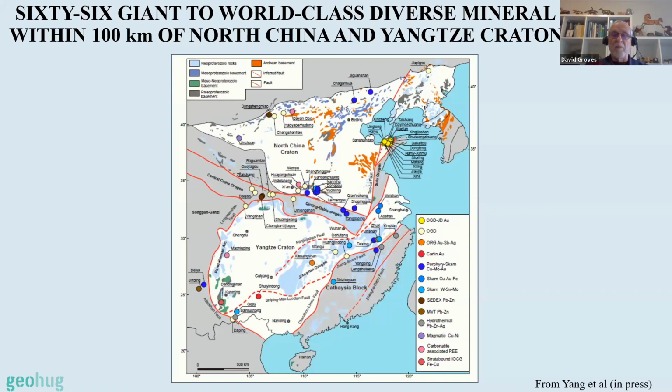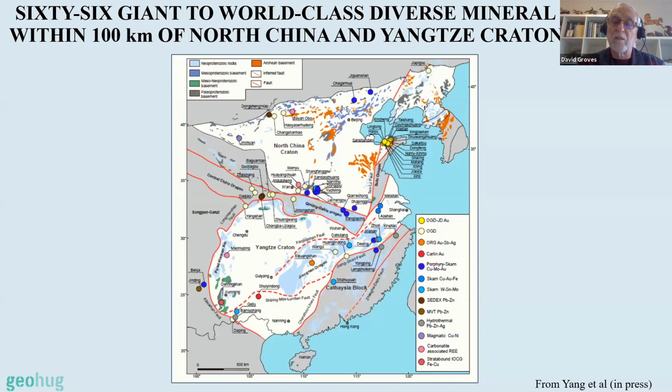So on that map there are 66 giant and world-class deposits, I've only put on the giant and world-class deposits, 66 on those craton margins of eastern China. And you can see the diversity.